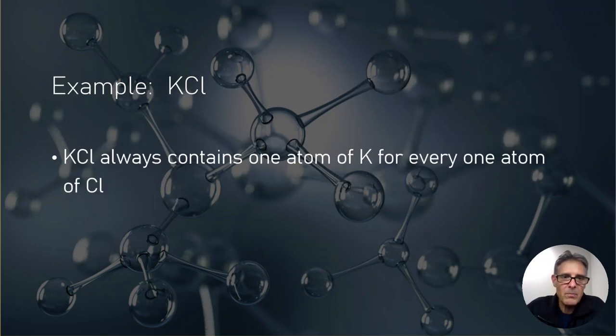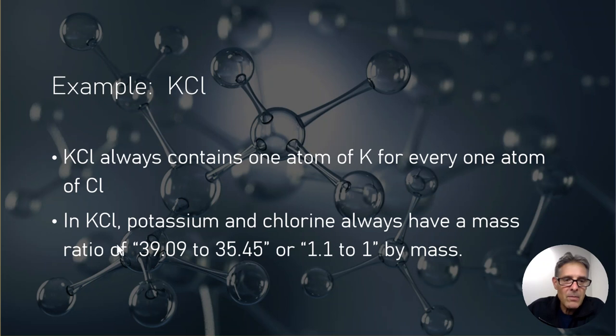Here's another example: potassium chloride. Potassium chloride always contains 1 atom of potassium for every 1 atom of chlorine. So we're not going to be talking about the number of atoms really when we're talking about this law. We're going to talk about the mass of that 1 atom of potassium and the mass of that 1 atom of chlorine.